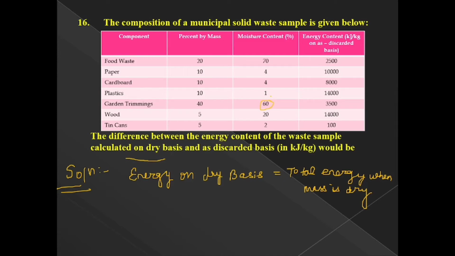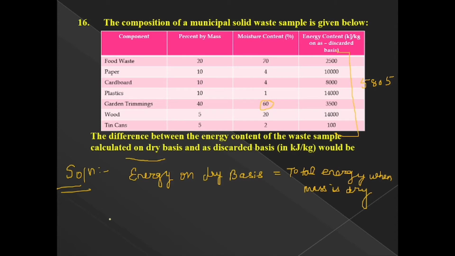initially we have to calculate the total mass. Total energy is equal to 5805 kilojoule per kilogram.